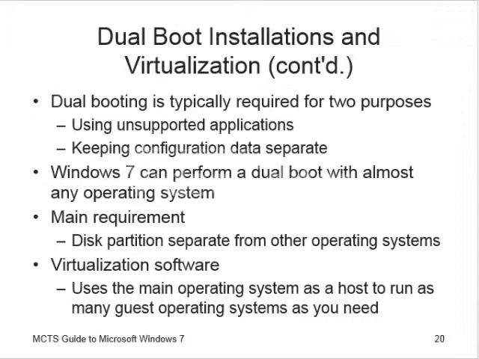The second reason is application file compatibility. Installing multiple versions of Windows in the same partition can lead to problems with application files getting mixed up, especially when you have newer or older versions of the same application.